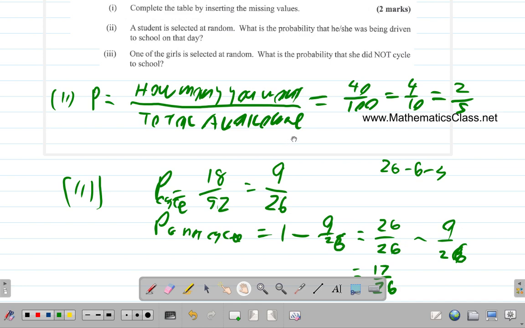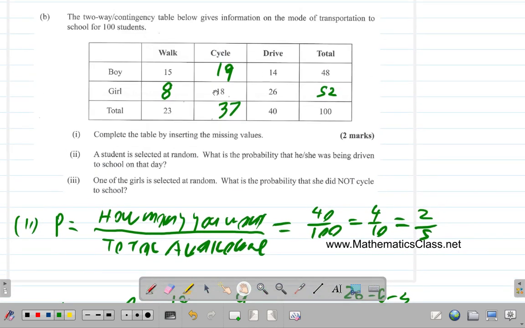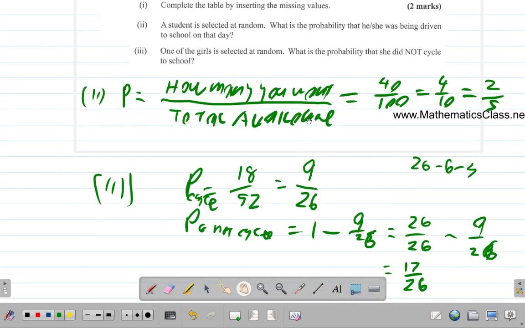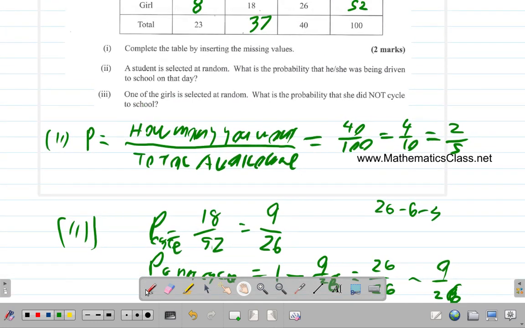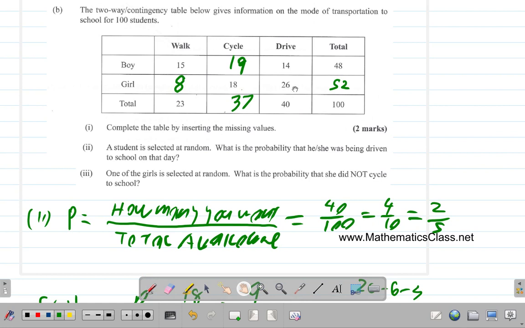So up here, the probability that the girl cycles: 18 of them cycle out of 52, so 18 over 52. And then 1 minus that means not cycle. So the probability that they do not cycle is 17 over 26. The other thing you can do is say how many of them do not cycle. 8 of them walk and 26 of them drive.